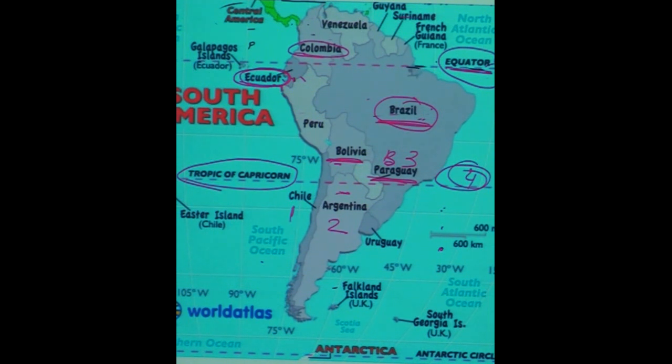In comparison, Bolivia shares an international boundary with Peru, Brazil, Paraguay, Chile and Argentina, 5 countries. Colombia has its international boundary with Panama, and we talked about the Panama Canal.